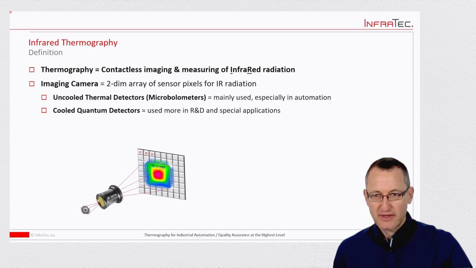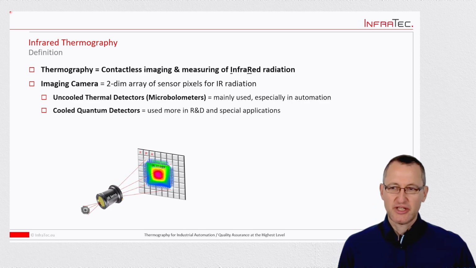Let's move on. We are using an imaging camera. That means there is a two-dimensional array of sensor pixels that collect infrared radiation. In terms of cameras, there are two different types. There are uncooled thermal detectors, also called microbolometers. They are mainly used especially in automation.